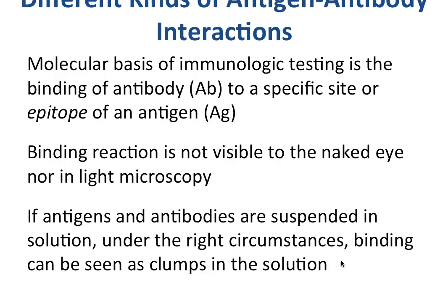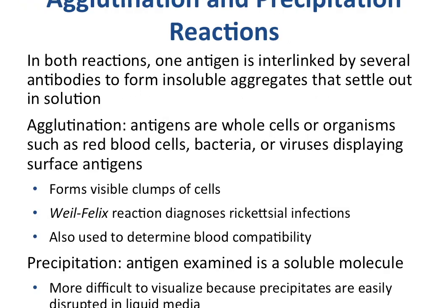The binding can cause clumps, agglutination, which can be seen either by the naked eye or the microscope. The agglutination reaction can happen when one antigen is linked by several antibodies to form insoluble aggregates.